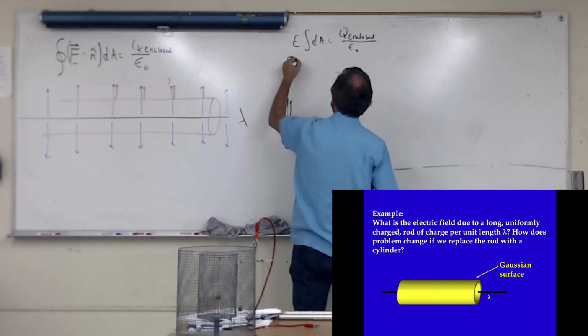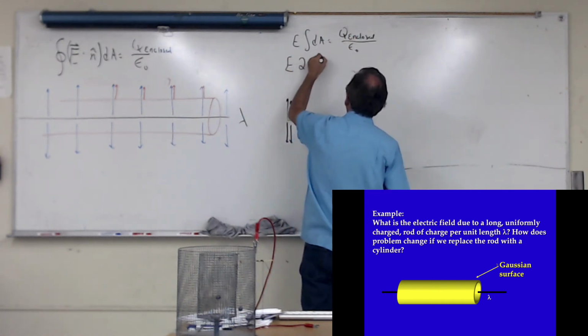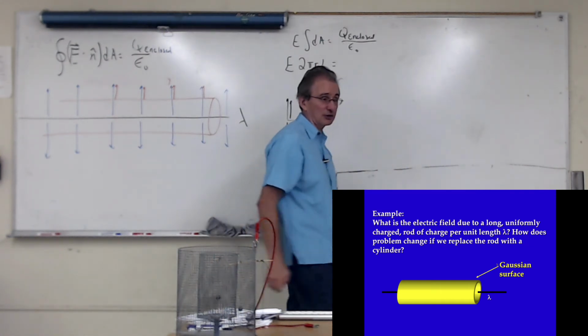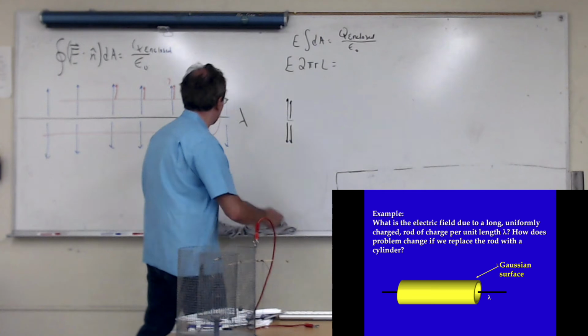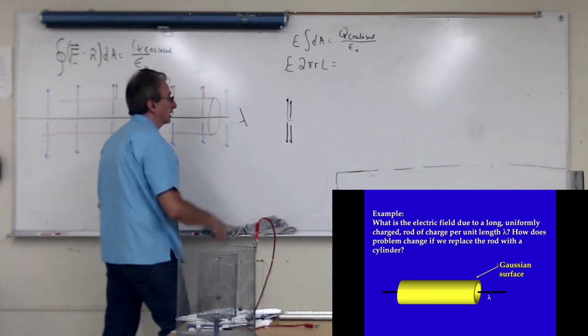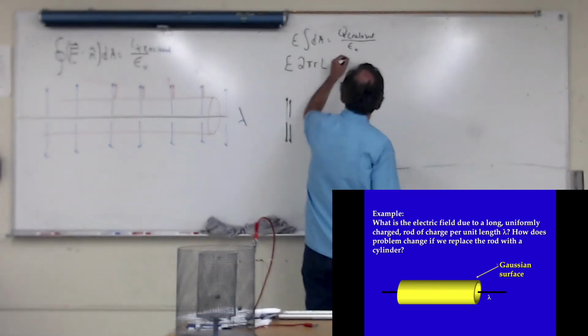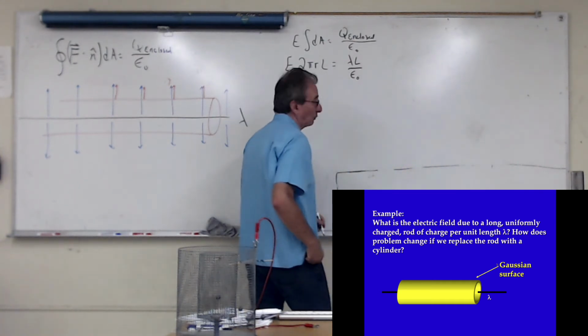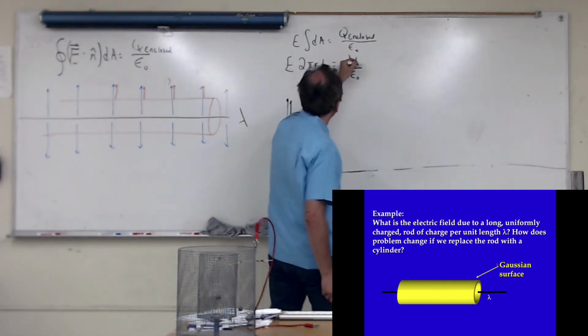The lateral surface area of a cylinder is 2 pi RL. But the problem is L is infinite. Well, what about Q enclosed? Isn't Q enclosed infinite? Well, if this is uniform, it's going to be lambda times L. What happens to my L's? Well, they cancel.